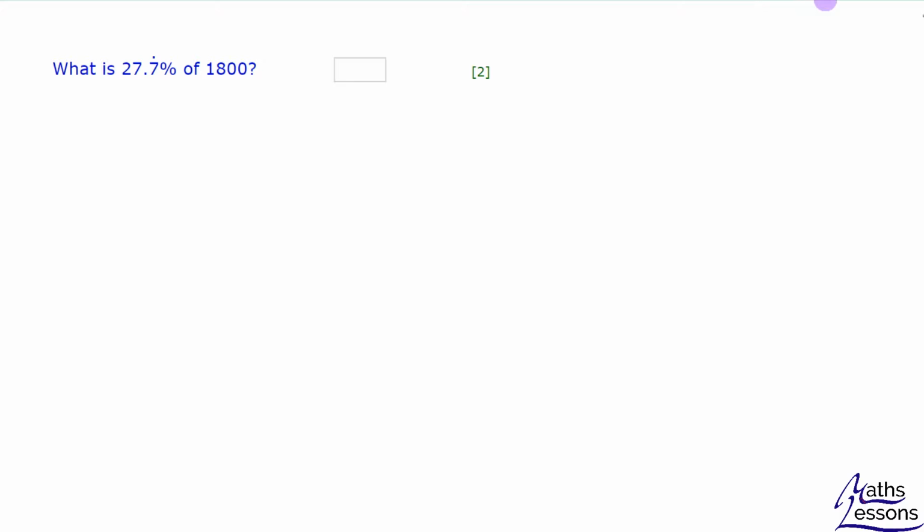I'm just going to give you 2 minutes to have a go at this one. You should be able to do this without a calculator, no cheating.